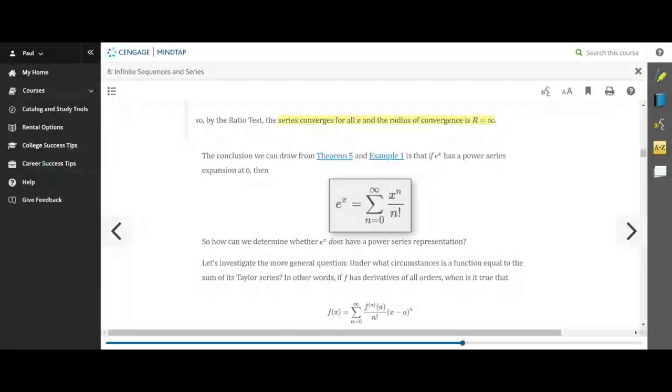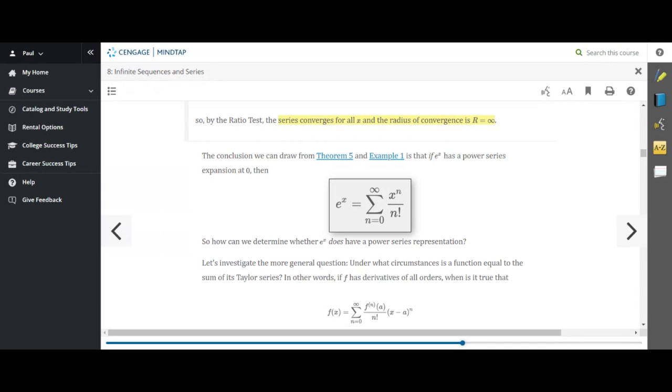Okay, so the exponential function, e to the x power, has this Maclaurin series. That can be easily shown. They showed that in example 2.